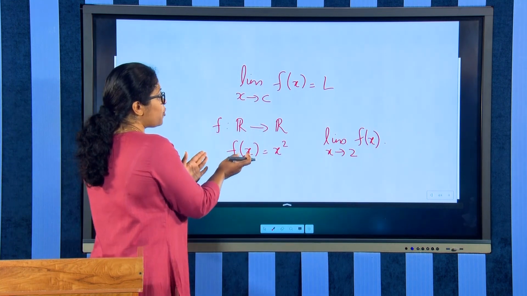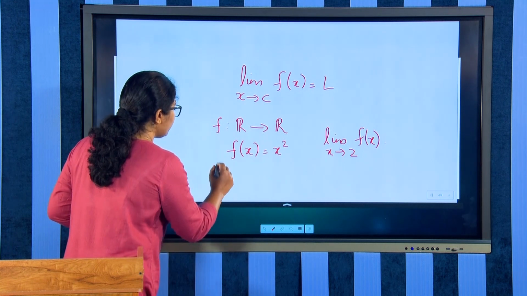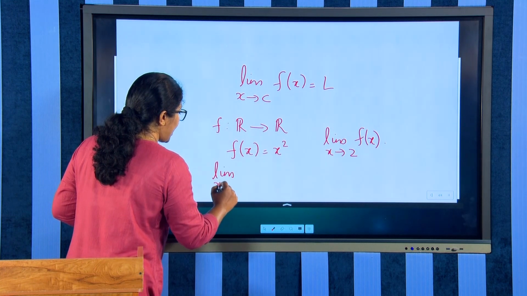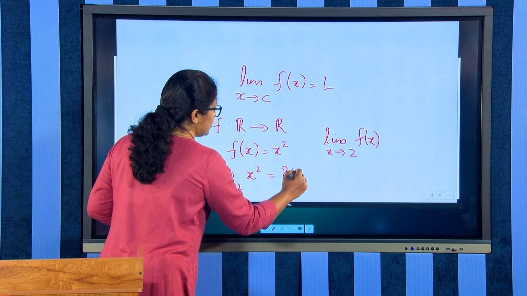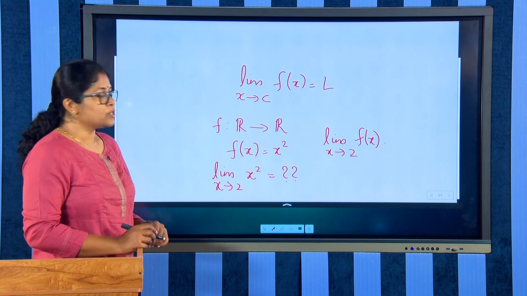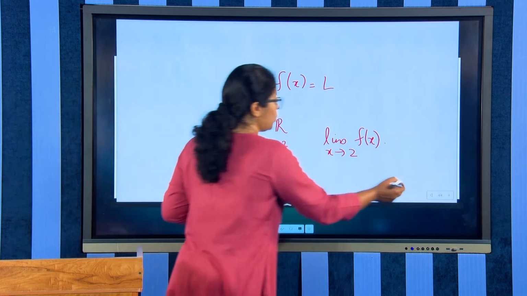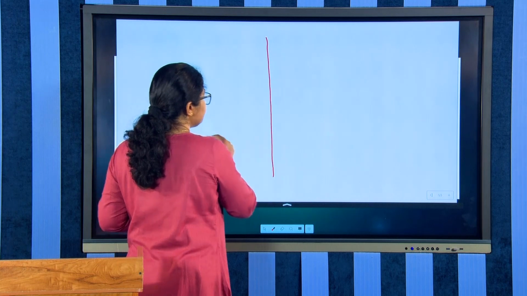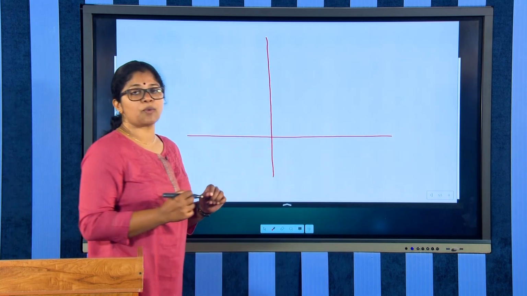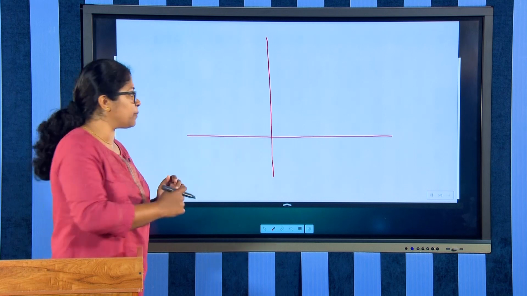Given f of x is equal to x square, we want to find the limit as x approaches c of x square. That is the question. Using the diagrammatic approach that we have just seen, we know that f of x equal to x square is a parabolic shaped figure.